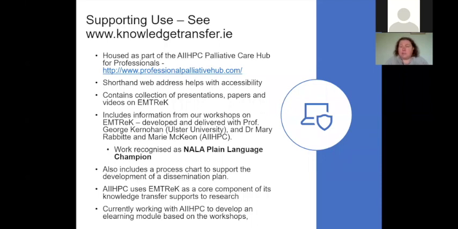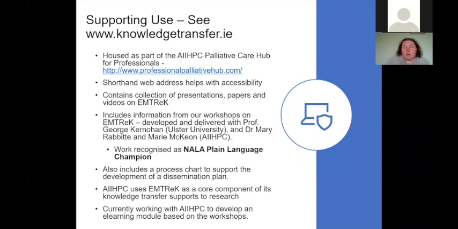And there's one in particular that was developed by our postdoc Kathy Payne, which really nicely captures a description of the model. We also have developed workshops with the Institute, and we're very pleased that the work on that was recognised by NALA, the National Adult Literacy Authority, for plain language quality, because I think that's a key thing with effective knowledge transfer, is thinking about that accessibility of language.